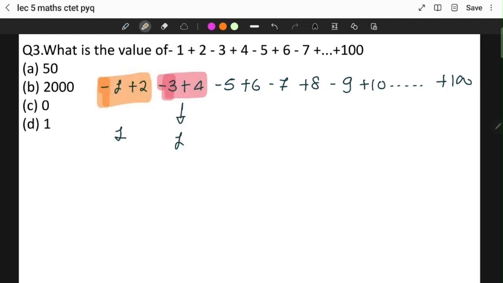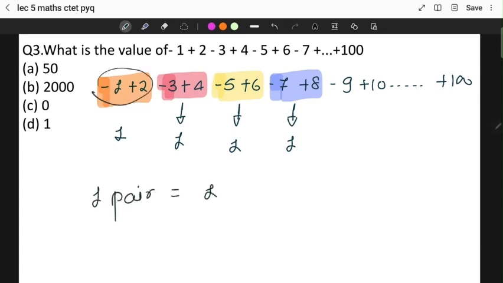Similarly, minus 5 plus 6 gives 1. Again, minus 7 and plus 8 gives plus 1, right?